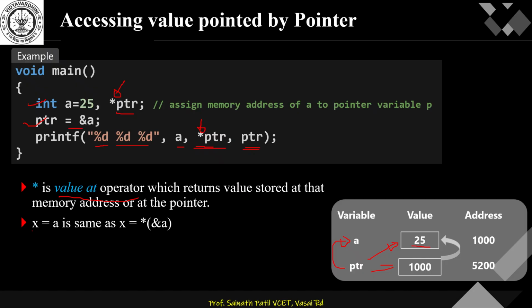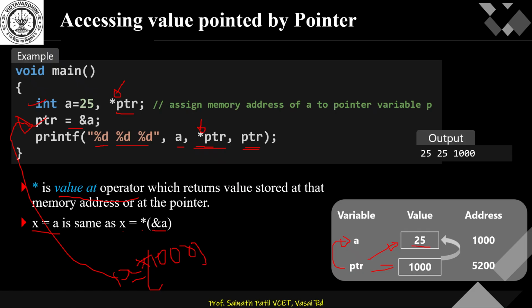If I want to make x is equal to a, which is the same as x is equal to star in bracket address of a. So when I say address of a, it is 1000. Okay, so that address of a, what we did, p is equal to 1000, and star at 1000 is nothing but 25.